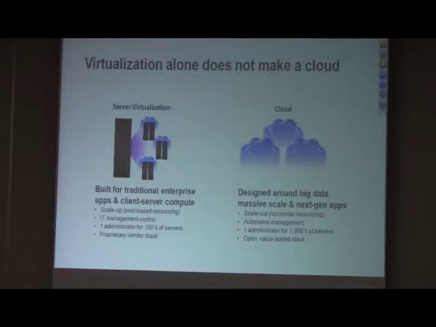But when we talked to a lot of our customers and users, we realized a lot of people are using it for traditional server virtualization as well. There you are deploying traditional enterprise apps and client-server compute.